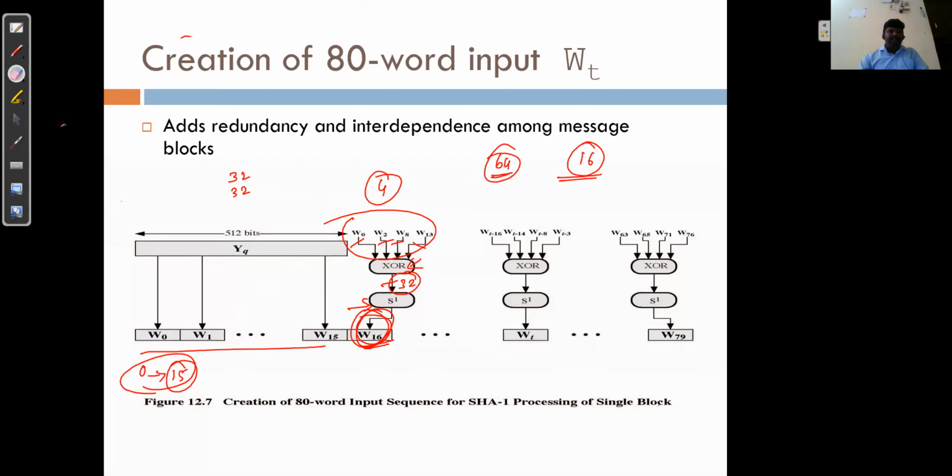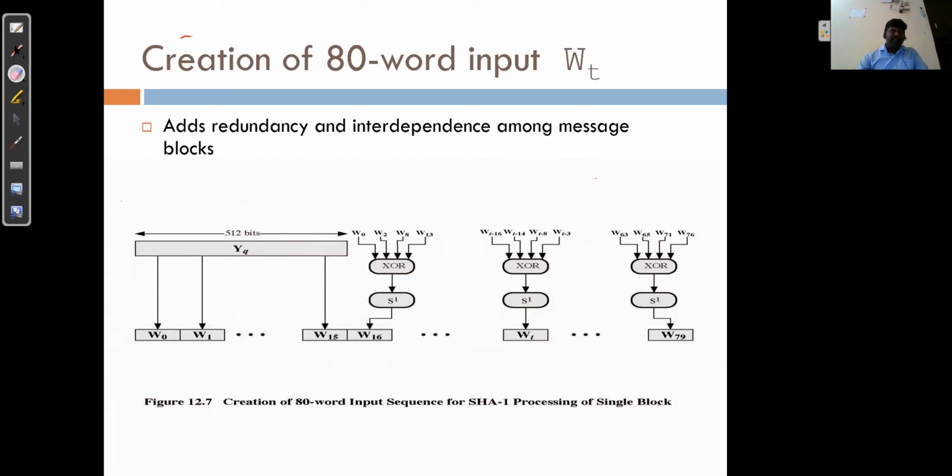I would like to explain, if the 512 bits are divided into 32-bit sub blocks, we'll get 16 sub blocks. So let's assume sub block 0, 1, 2 till sub block 15.